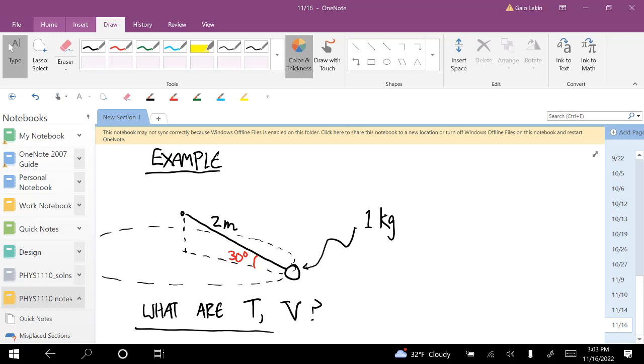That's right. That speed would be lower, because if you played tetherball, the harder you whack it, the closer to horizontal that string goes. So the faster it's going, the closer to horizontal the string will be.